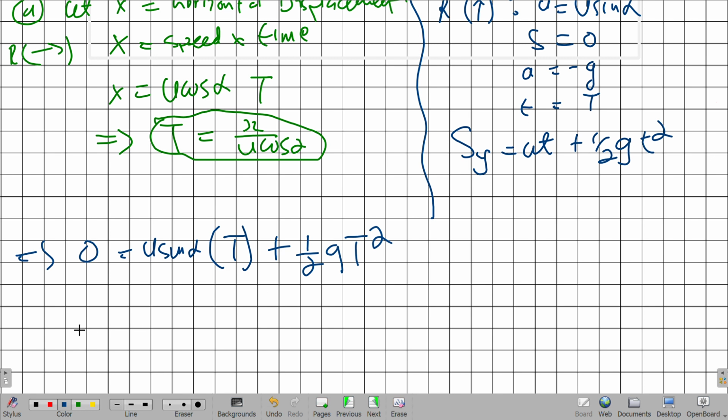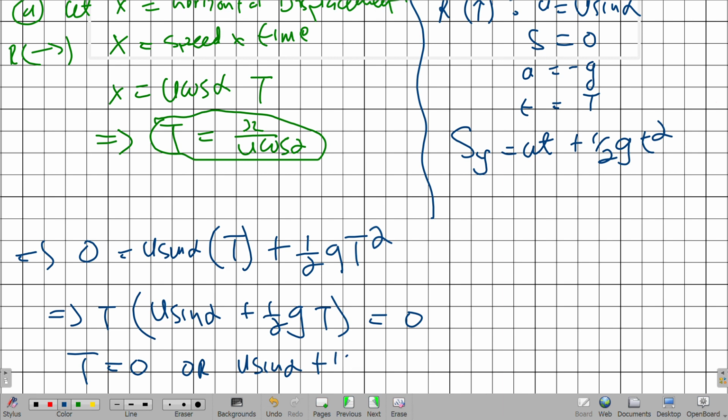So when we factorize again, this further implies that T(u sine alpha + half gT) is equal to 0. This gives us T is equal to 0, or u sine alpha + half gT is equal to 0.